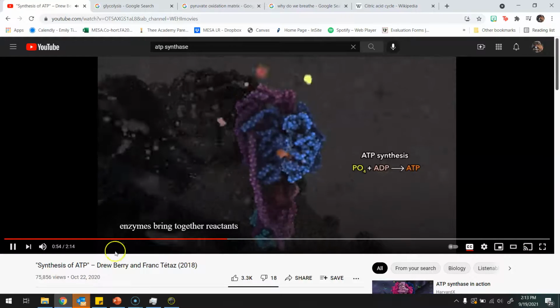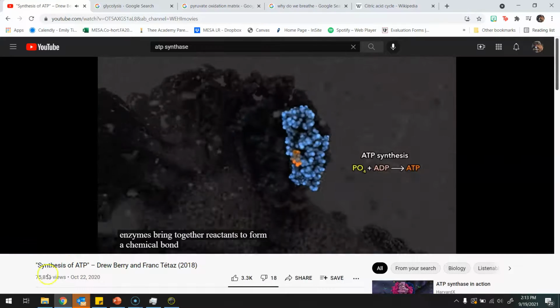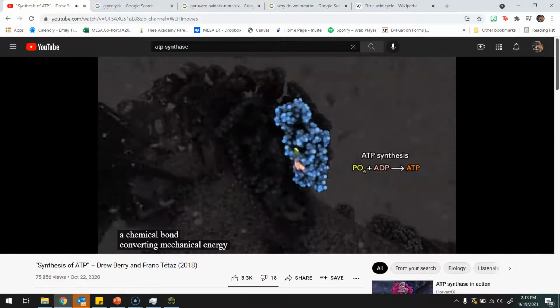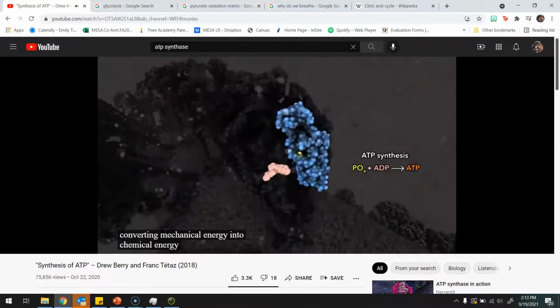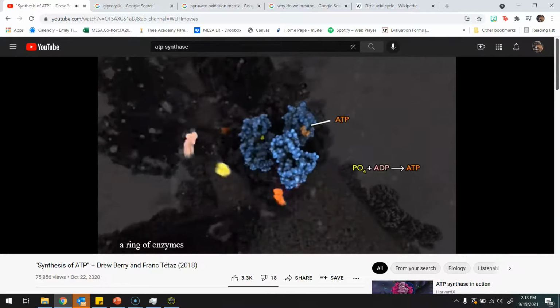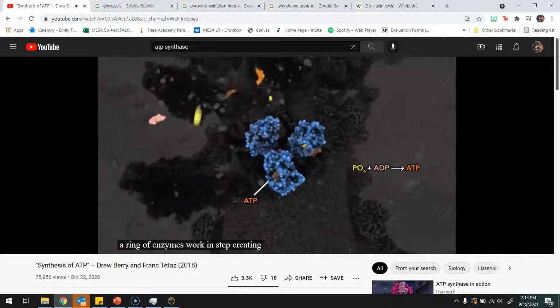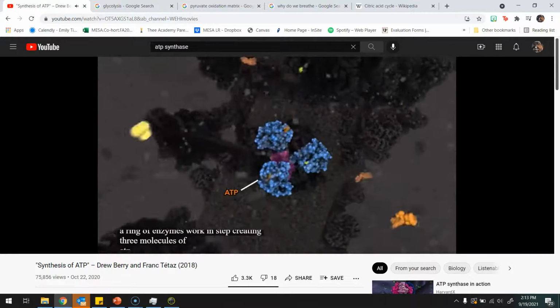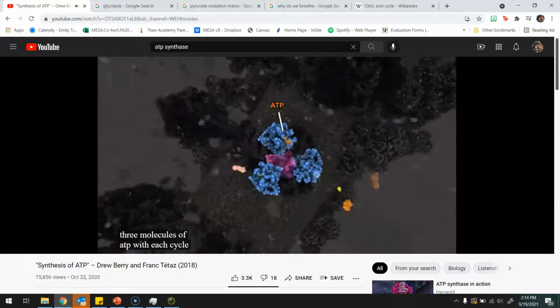Enzymes bring together reactants to form a chemical bond, converting mechanical energy into chemical energy. A ring of enzymes work in step, creating 3 molecules of ATP with each cycle.